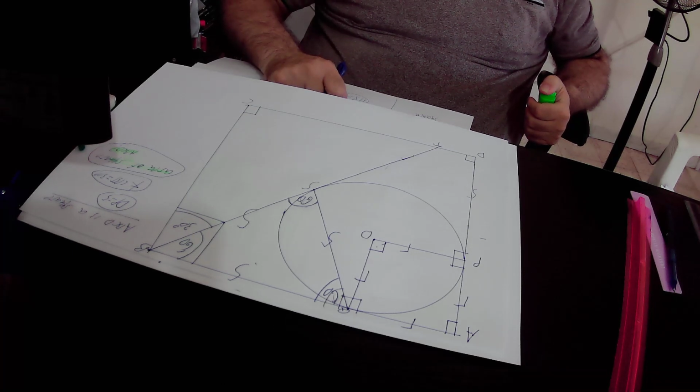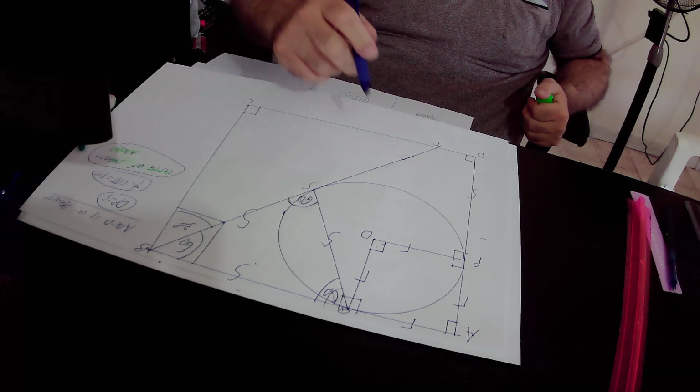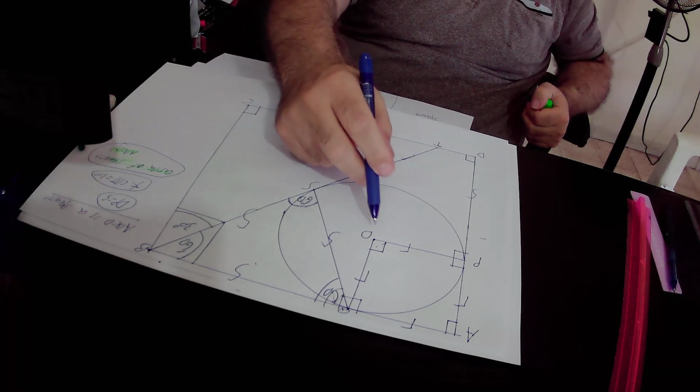In the next step, we will join points O and S together by a straight line.